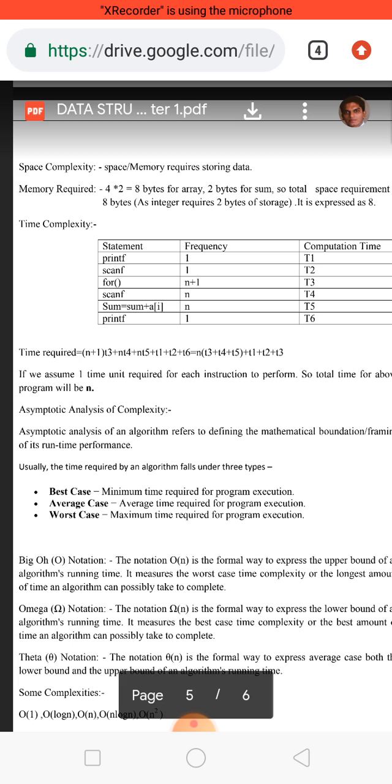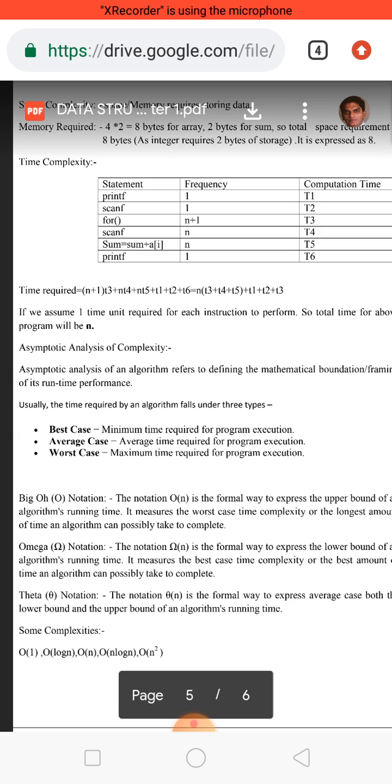It is actually the upper limit of the time required to perform all the steps or to complete the algorithm. Whatever time you get should be less than or equal to the big O. For the above case you will express that complexity in terms of big O of n.